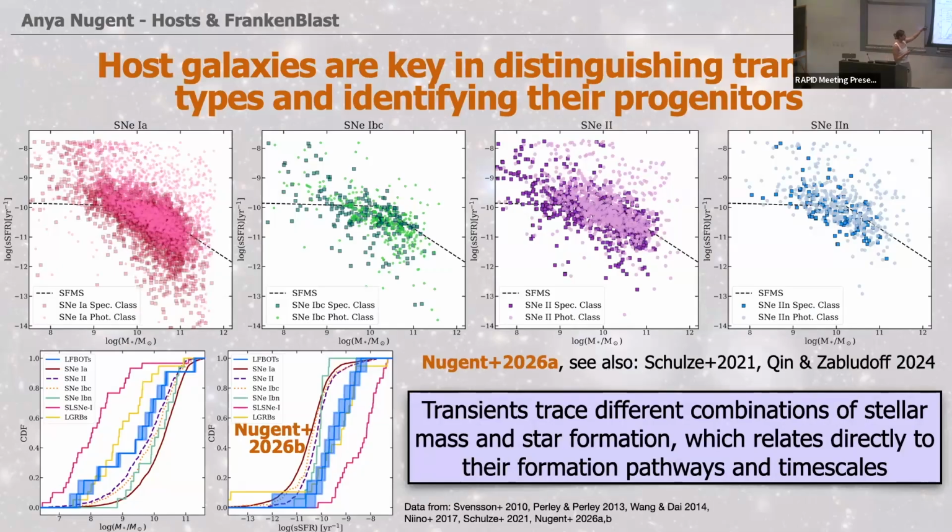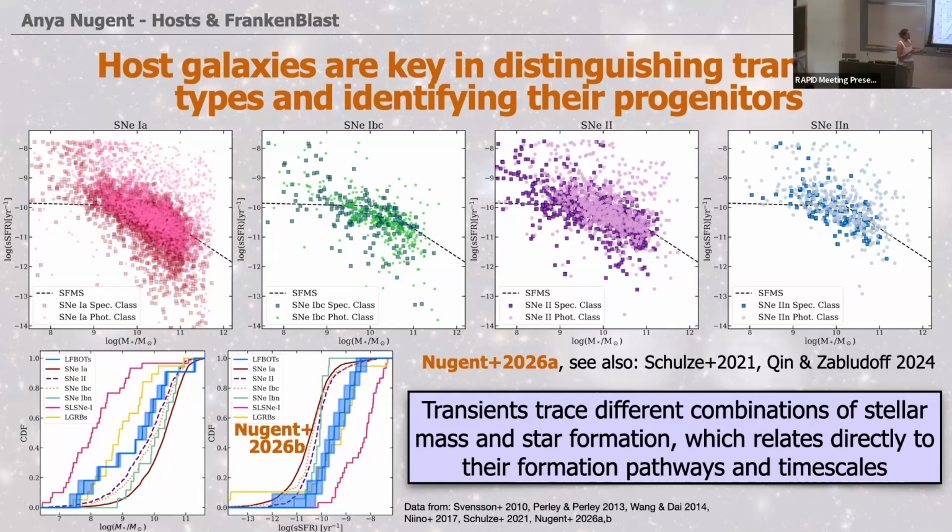Up at the top, we're looking at 2D distributions of specific star formation rate and stellar mass for a variety of supernova populations. And down at the bottom, we have 1D distributions of those same properties. As you can very clearly see, all of these different supernova populations trace a different combination of those two properties, which is intrinsically tied to their progenitors.